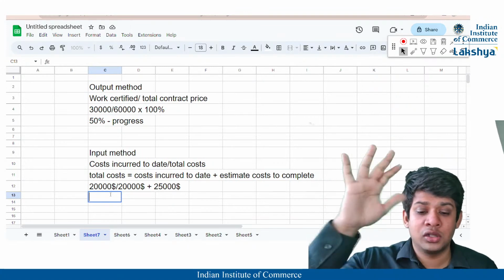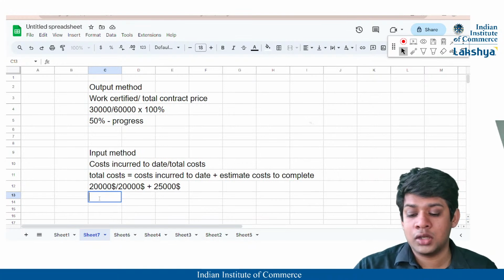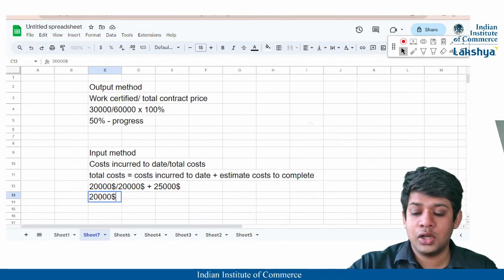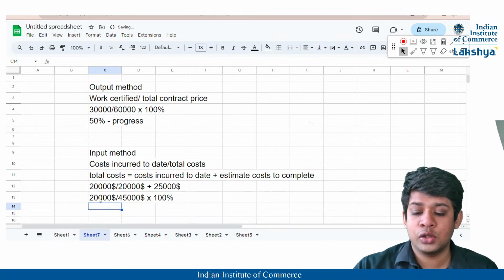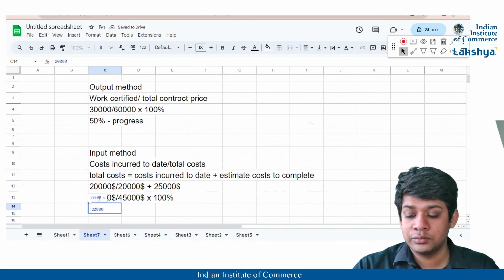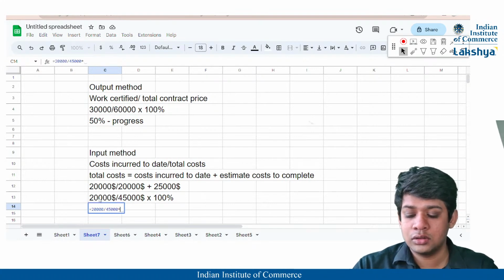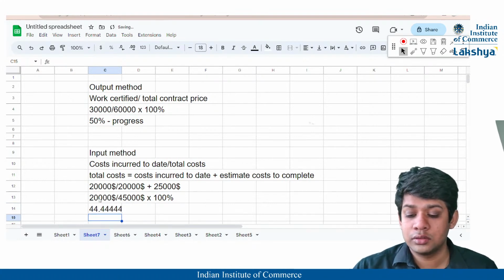Maybe you know I'm constructing on the 4th floor or terrace also, because of which 5,000 more I'm incurring, right? So $20,000 divided by $45,000 into 100%. So you will get the progress, right? It will be 20,000 divided by 45,000 into 100.